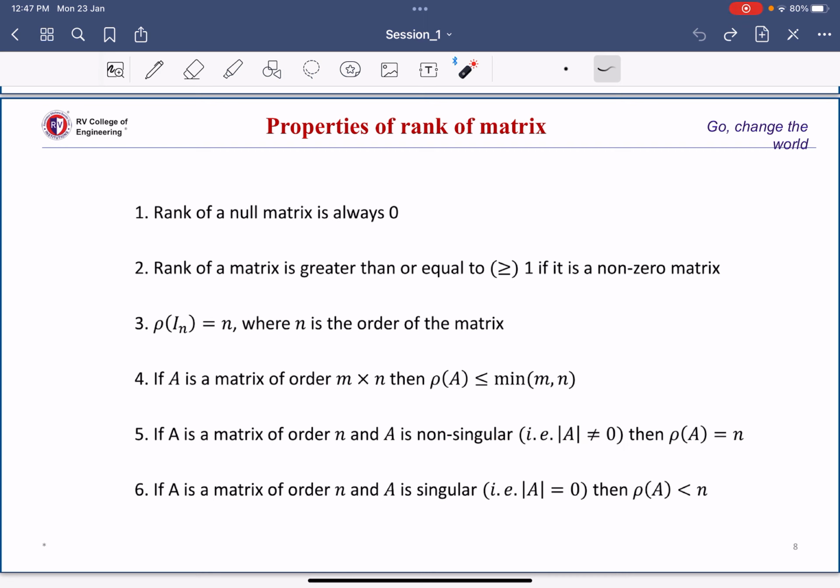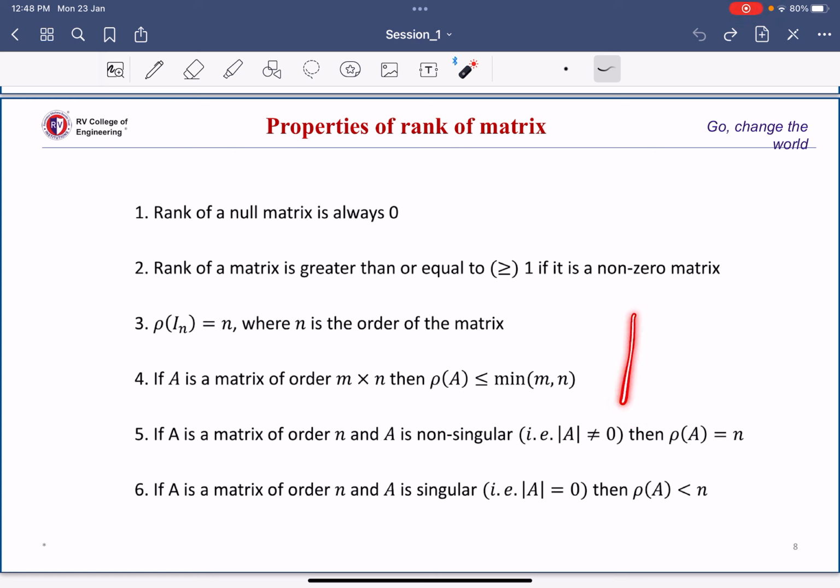So if I consider a 3 cross 3 matrix and I get the determinant as non-zero, which means a 3 cross 3 minor does not vanish, hence the rank of the matrix is the order itself.